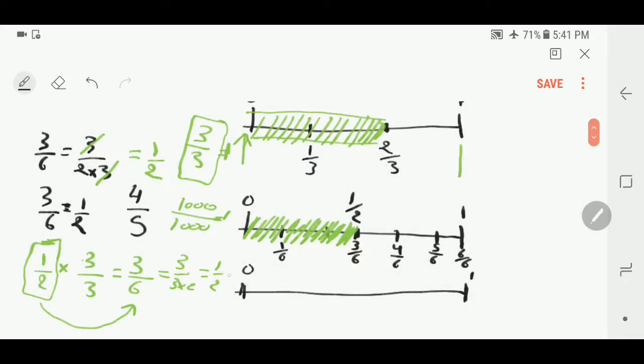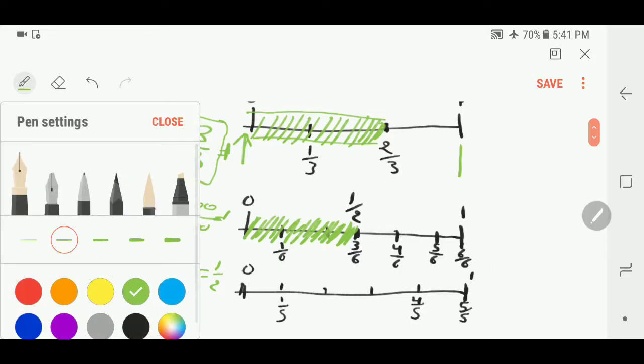For 4 over 5, we're gonna cut it into 5 sections: 1, 2, 3, 4, and 5. So this is 1 over 5, 2 over 5, 3 over 5, 4 over 5, and then 5 over 5, which is 1, right?